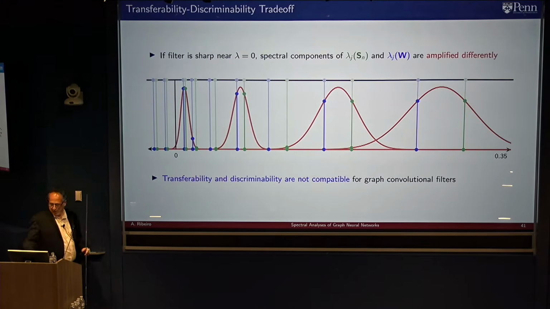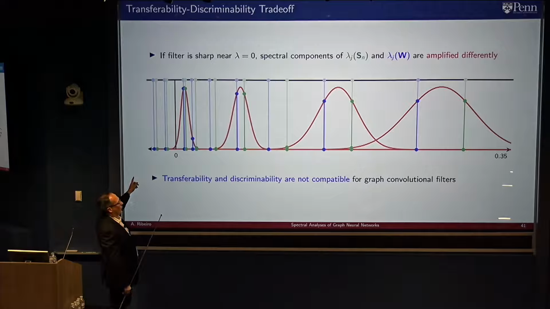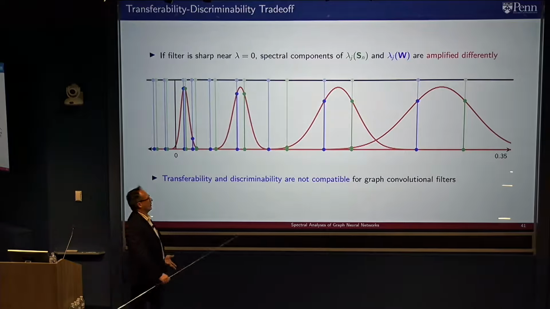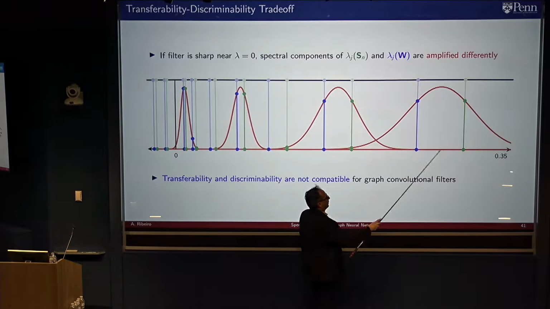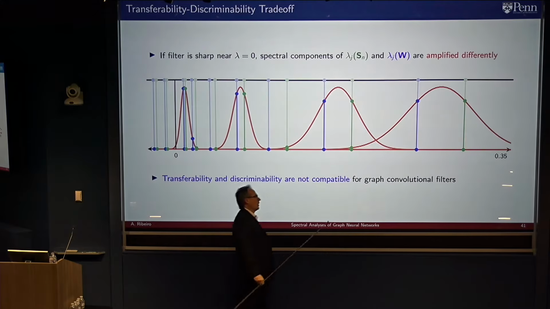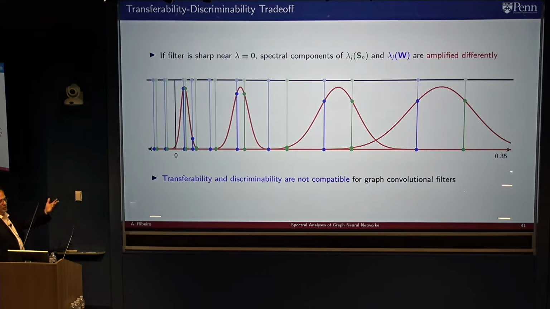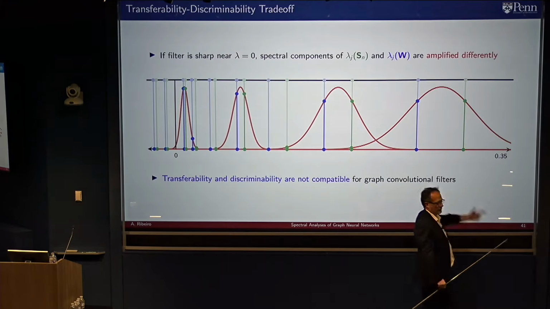Now, the bottom line, or the end of the story, is what this figure here summarizes. You have the eigenvalue line, and there always is going to be some difference between the eigenvalues of the graphon and the eigenvalues of the graph. If you're looking at large eigenvalues, it takes a small n to approach that limit, and then you have transferability on the features of the data that are associated with these large eigenvalues.